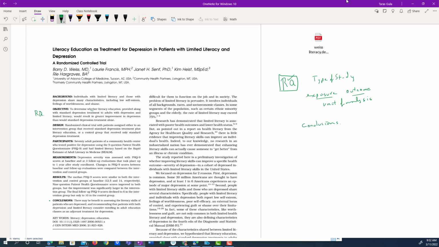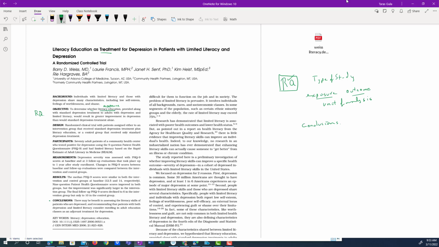So literacy education is the exposure. Some of this I already know because I know this paper. We can see literacy education here as treatment. When you see the word treatment, you're thinking, is this possibly an experiment? But we're jumping ahead of ourselves a little bit. So we have the exposure provided along with standard depression treatment. I'm going to do a little mapping here.